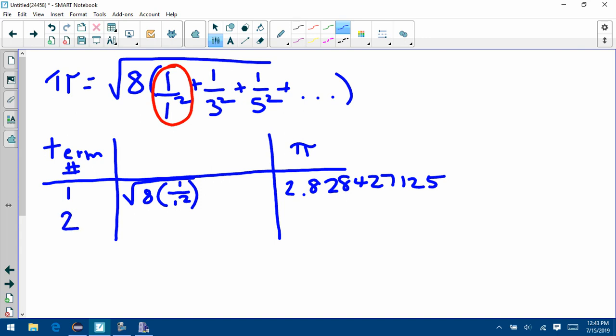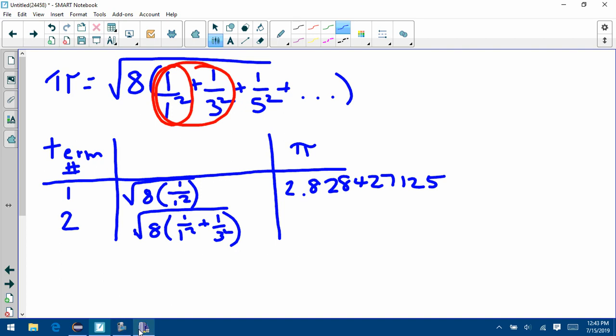So if I were going to calculate the second term, I need to add both of these together, 2 terms in the parentheses. So I would have the computer calculate 1 over 1 squared plus 1 over 3 squared, multiply that by 8, and then take the square root of it.